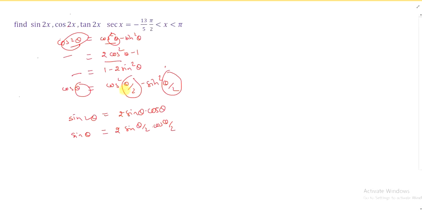It is very essential to convert the formulas according to our requirement, as we can see here: tan of 2 theta is equal to 2 tan theta upon 1 minus tan square theta. So if we divide the theta by 2, for submultiple angles, then we have to divide throughout. So here this term becomes 2 tan theta by 2 upon 1 minus tan square theta by 2, isn't it?